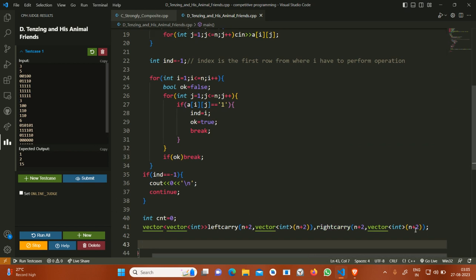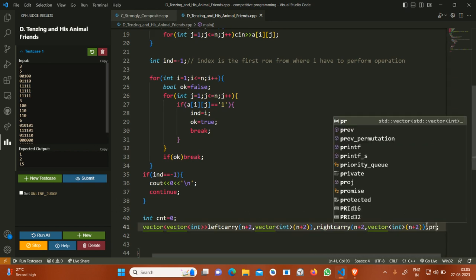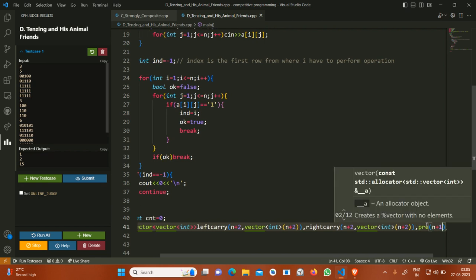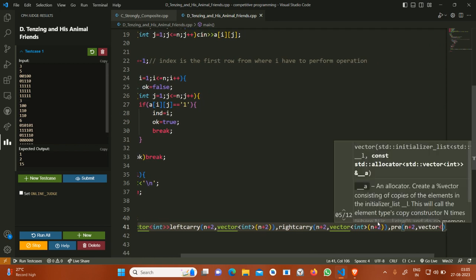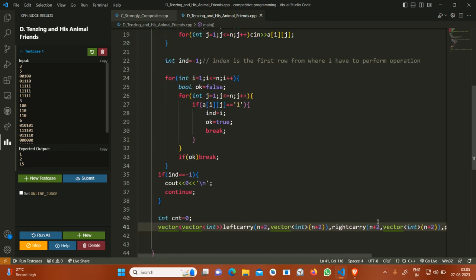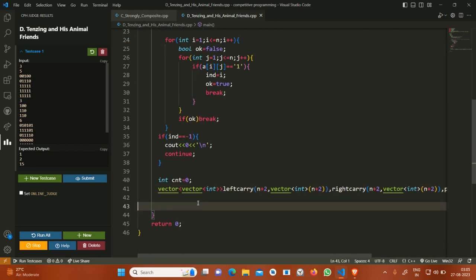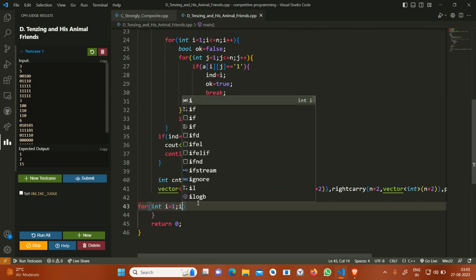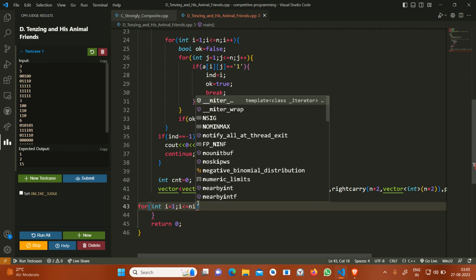And I would also require a prefix, which I have already discussed that I would have to maintain. Now for int i equals 1, i less than or equal to n.